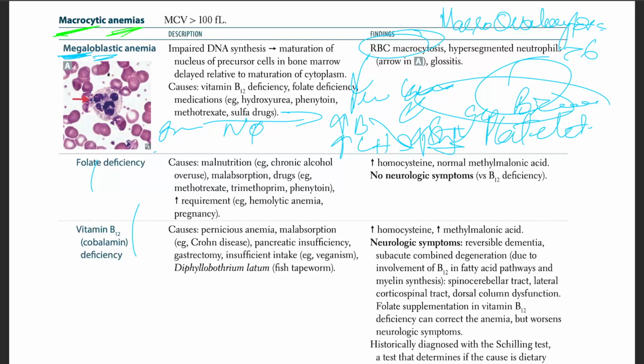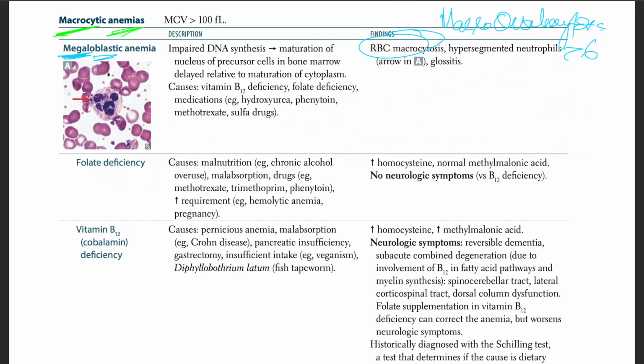One more thing: rapidly dividing cells need vitamin B12 and folate because they're rapidly dividing. So megaloblastic change, like big cells, is also seen in the intestinal epithelial cells as they are rapidly dividing.